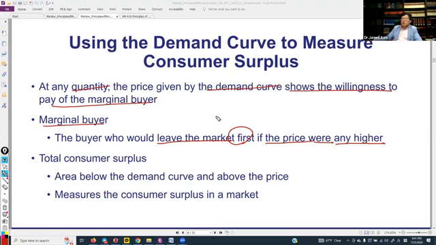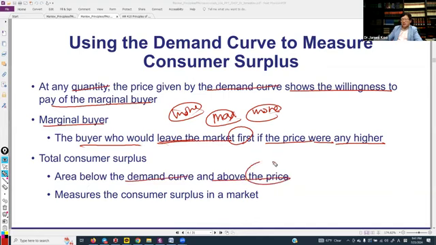Total consumer surplus is the area below the demand curve and above the price. It measures the consumer surplus in the market.